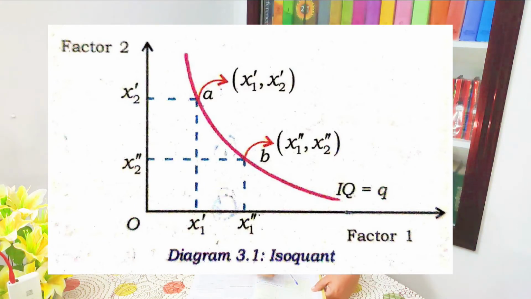When we use x1 dash quantity of factor 1 and x2 dash quantity of factor 2, we get an output level A. And in another combination, when we use x1 2 dash quantity of factor 1 and x2 2 dash quantity of factor 2, we get an output level of B.